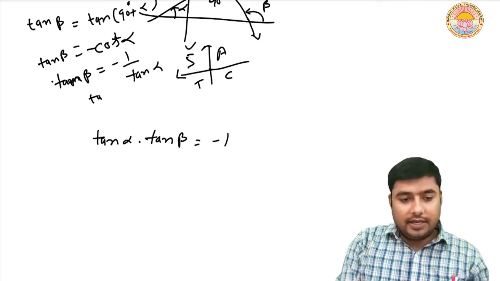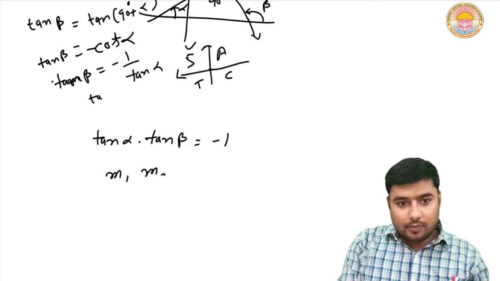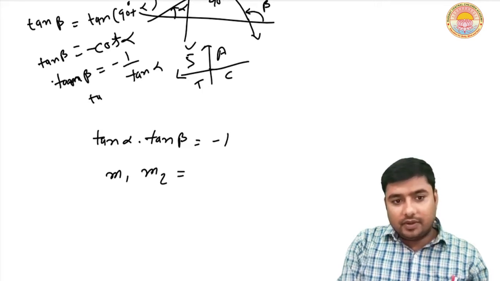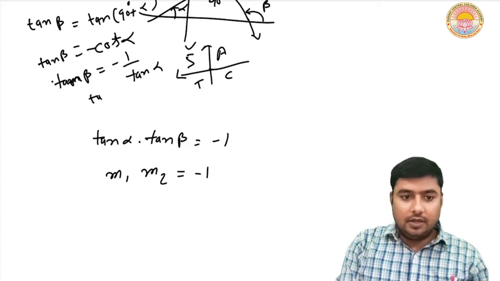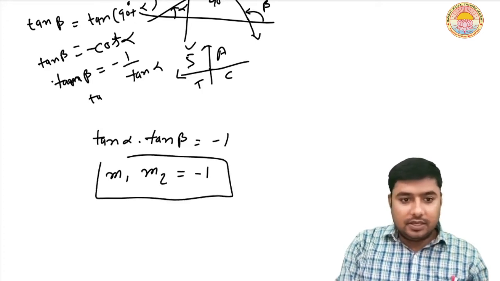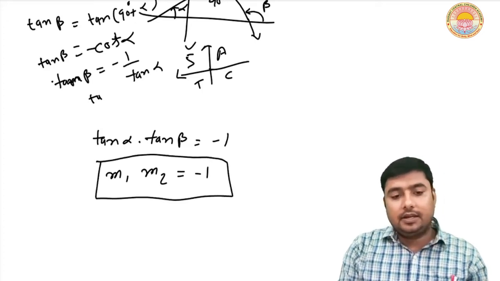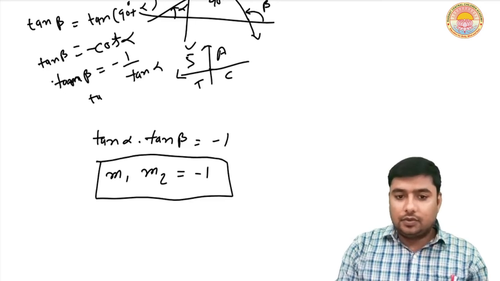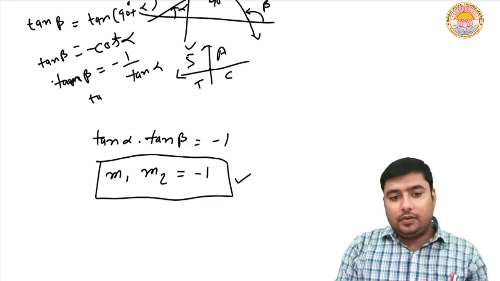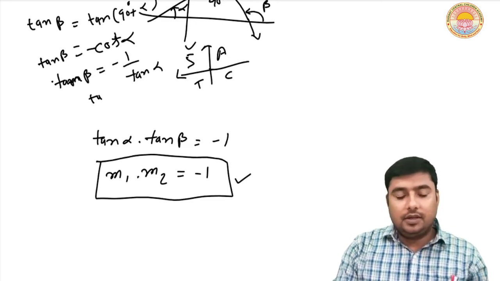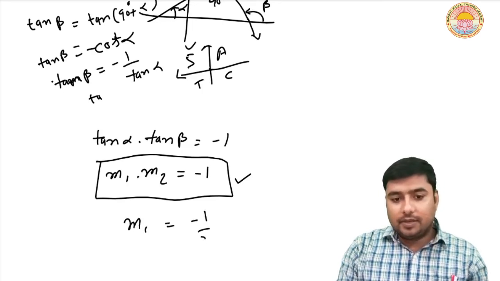We know tan alpha is m1, and tan beta is m2, because these are the slopes of the first line and the second line, equals minus 1. This is the condition of perpendicularity: if two lines are perpendicular, we can use m1 into m2 equals minus 1, or m1 equals minus 1 upon m2.